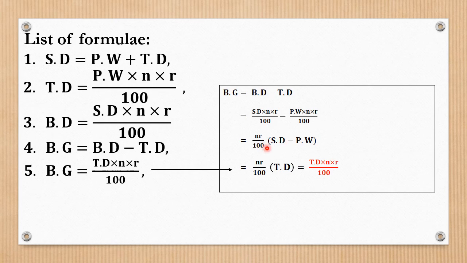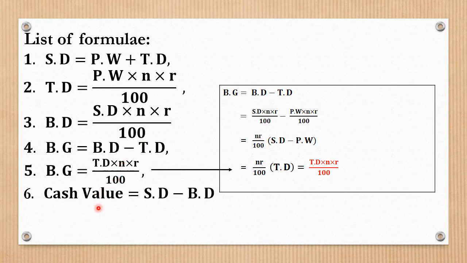So NR upon 100 into sum due minus present worth. And we know sum due minus present worth is true discount, obtained from the first formula. So we can write the formula for banker's gain this way: TD into NR upon 100. In different problems we will use either this one or the second formula for banker's gain.